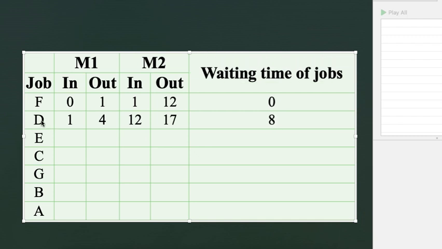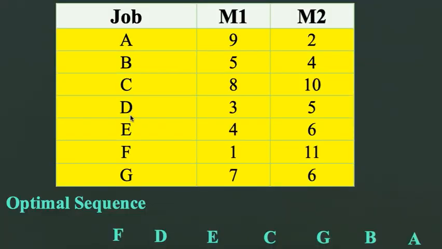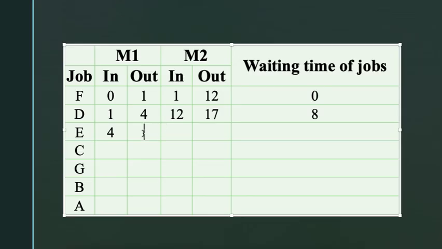Now once job D is finished on machine M1, this will be the start time for job E. How much time do we need for job E? We need 4 hours, right? It's given here, and 4 hours of processing time are required. So 4 plus 4 will be 8, and here we are going to take 17 as the in time for job E on machine M2.